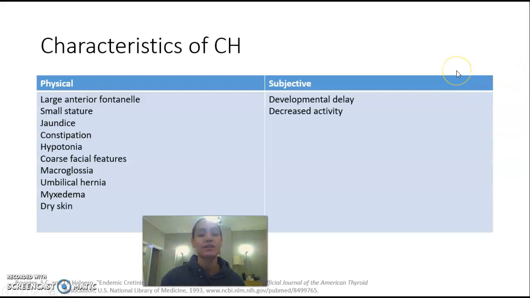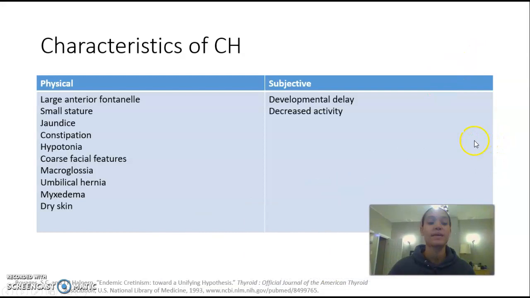So the different characteristics of CH include both physical and more subjective, like qualitative qualities. So some physical qualities are large anterior fontanelle, small stature, jaundice, constipation, hypotonia, and coarse facial features, as well as macroglossia, which is an enlarged tongue, umbilical hernias, myxedema, and dry skin.